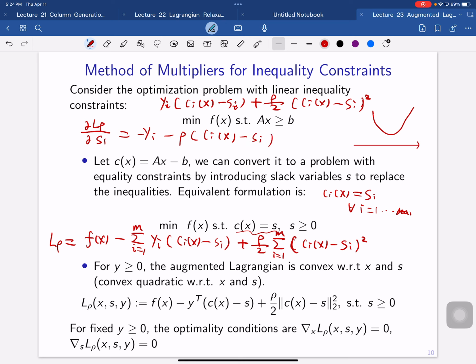I don't know, did I take the derivative correctly? Yeah. Okay, so if it is unconstrained, the minimum point is obtained at the solution to this equation.